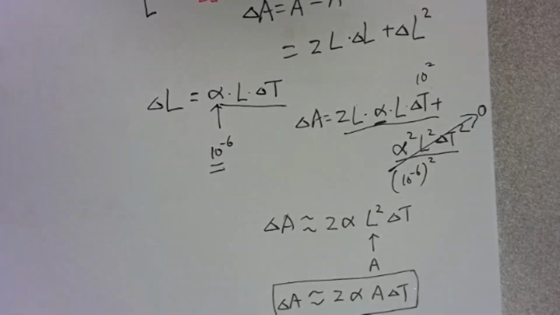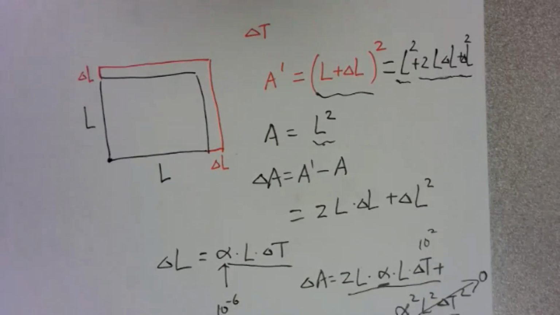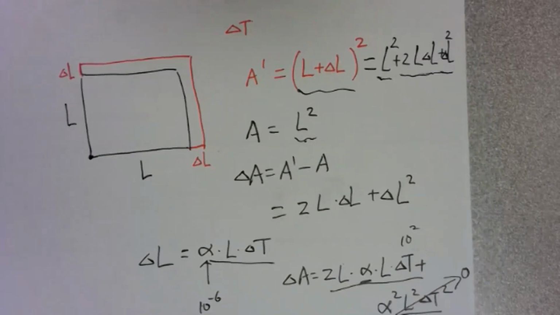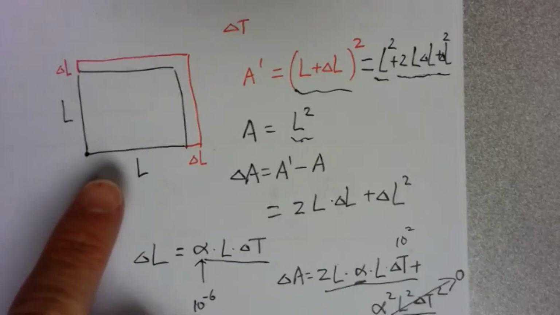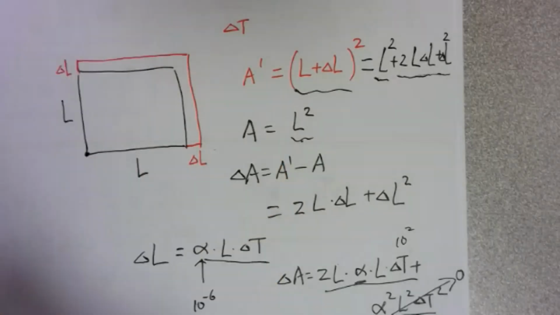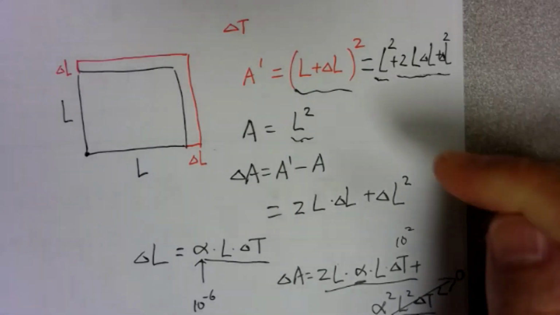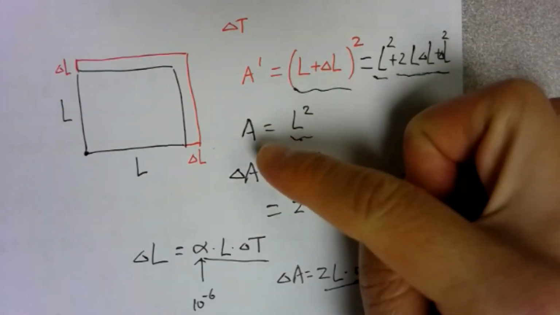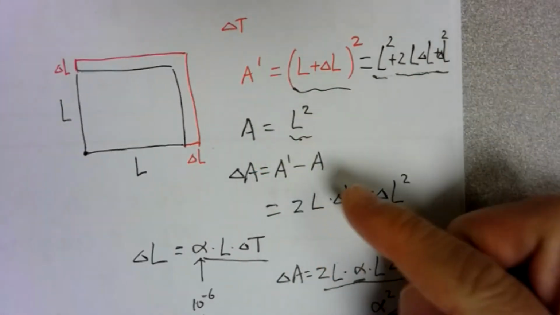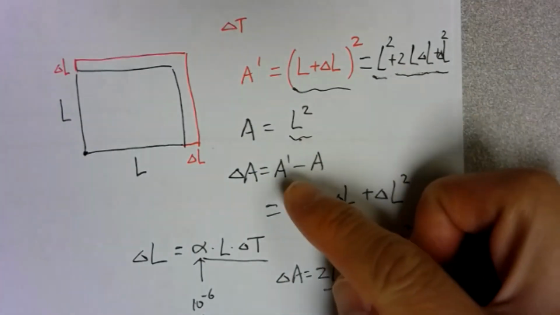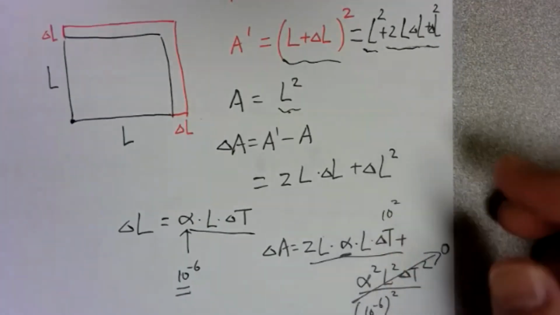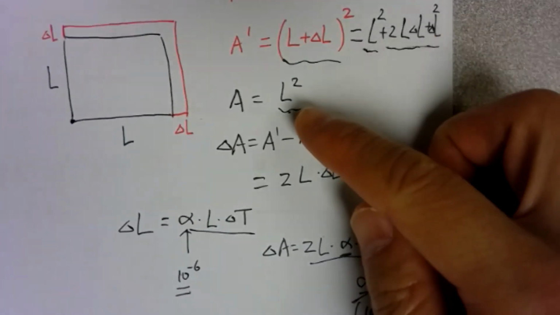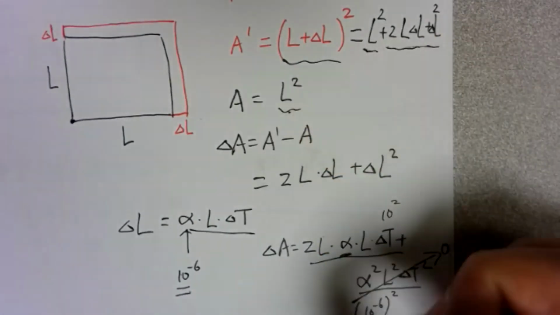Okay, so you start with a square and then expand horizontally and then vertically. And then you take the difference of the area after expansion and before expansion, one subtracted from the other. So then you get this: 3 terms minus 1 term, you get 2 terms.